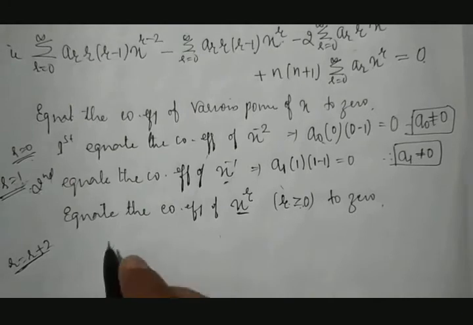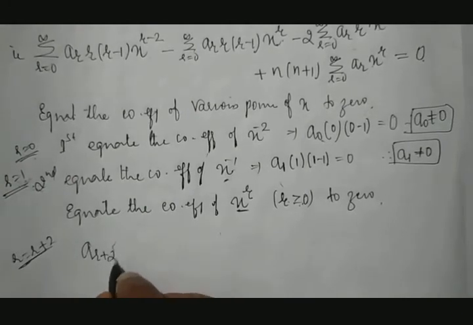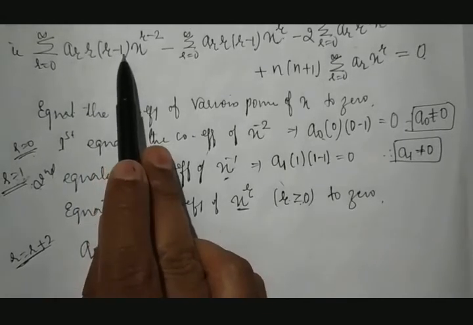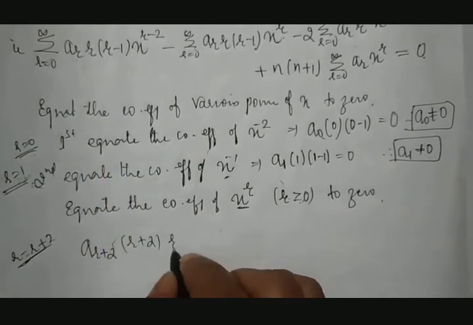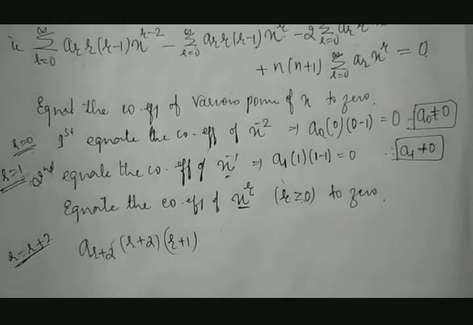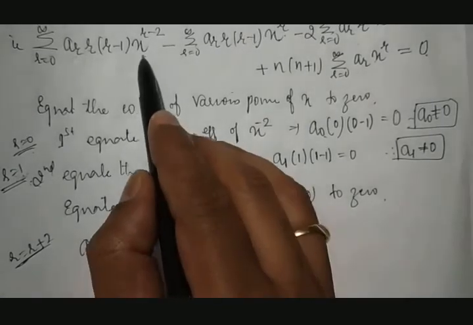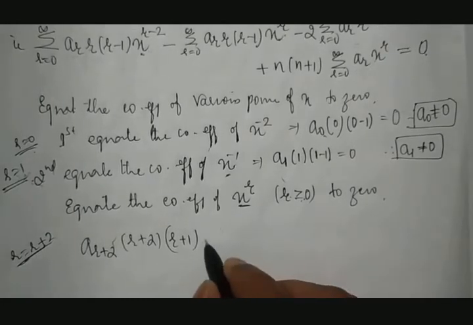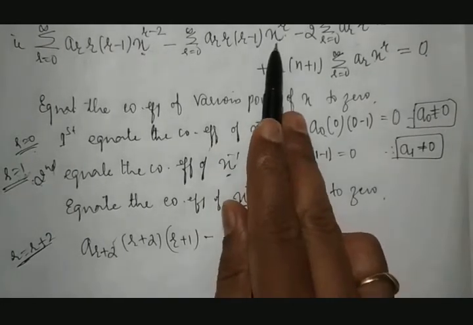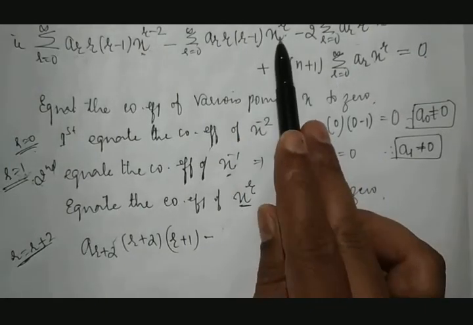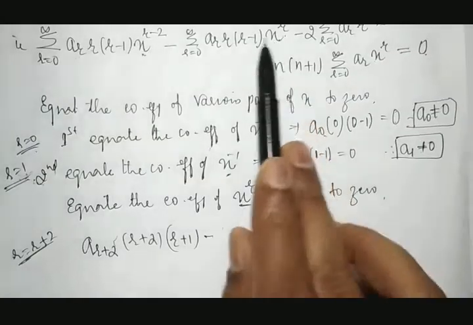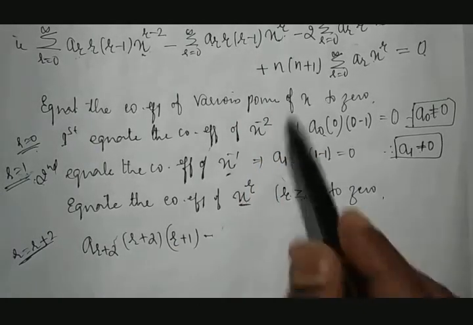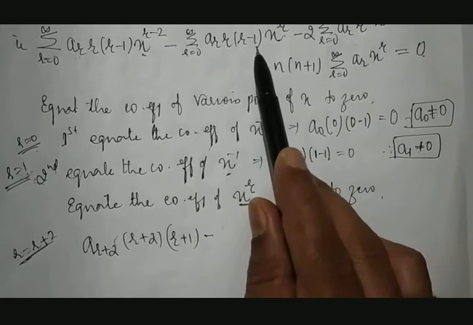Then what happens? It becomes a(r+2) into r plus 2 into r plus 2 minus 1, which is r plus 1. Then we are equating its coefficient. So we'll take this one. Here, what do we have to put? We have to put r equal to 0 only. Why 0? Because we need x raised to r. So we'll be putting r equal to 0 in this case.